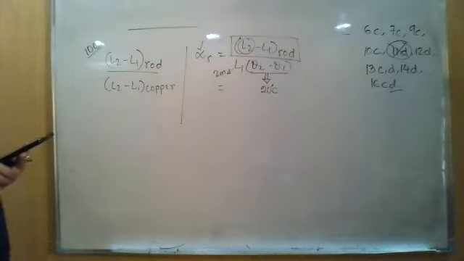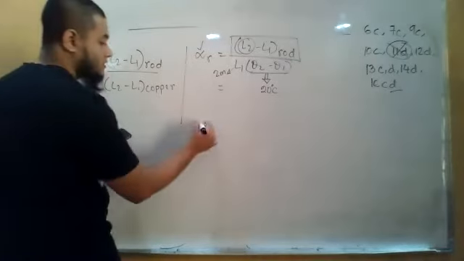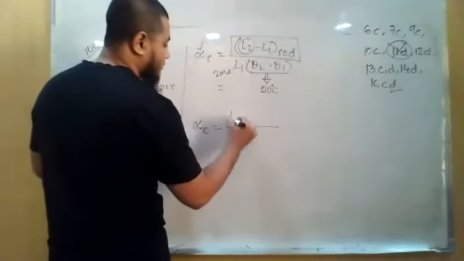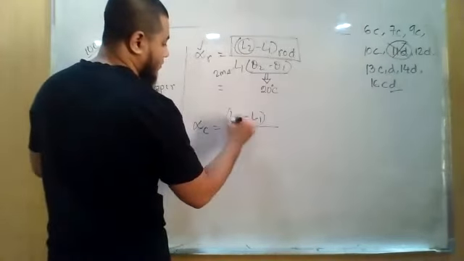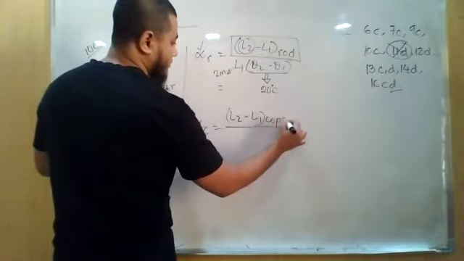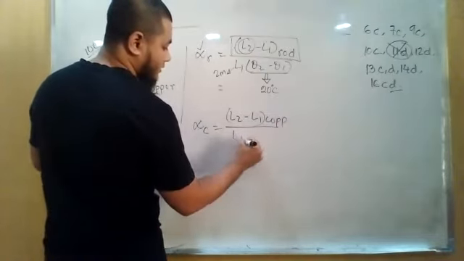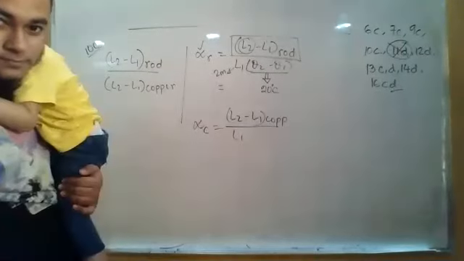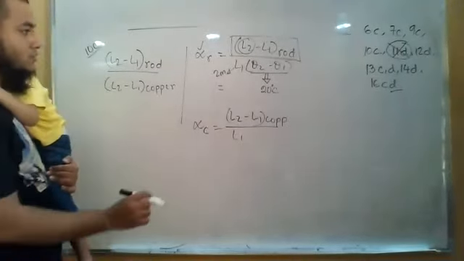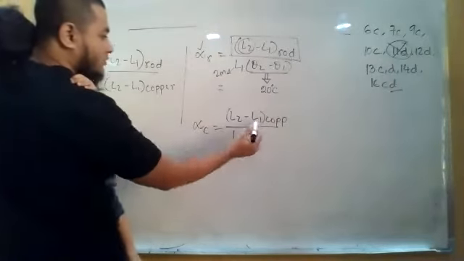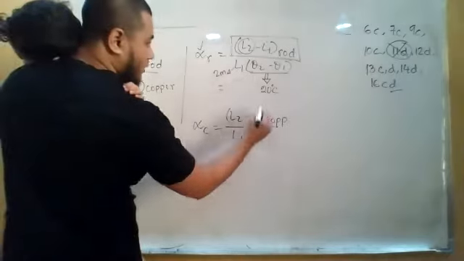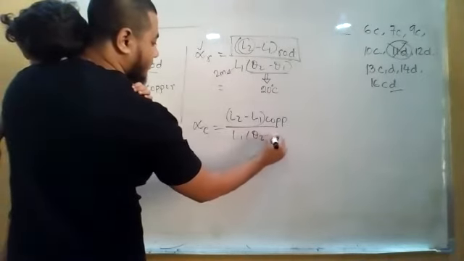জি স্যার। Okay, so carry out the same calculation for copper also. So alpha C will be equal to L2 minus L1 of copper divided by L1. একটু দাঁড়াও, okay? So here also we need to calculate L2 minus L1 for copper, okay, into theta 2 minus theta 1, okay?